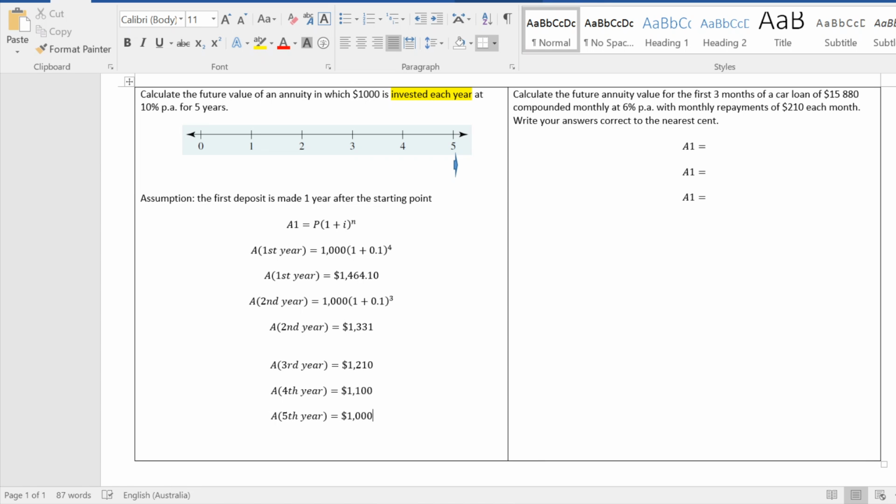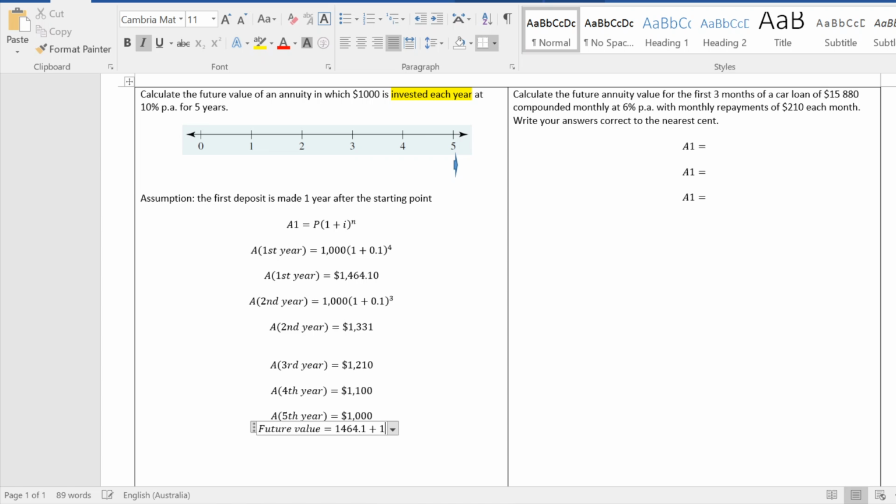Okay? Now, the future value, that's what we need to find now. Backspace this. So the future value is going to equal the sum of all of these. So 1464.1 plus 1331 plus 1210 plus 1100 plus 1000. We enter all of that into the calculator and we are going to get our answer.